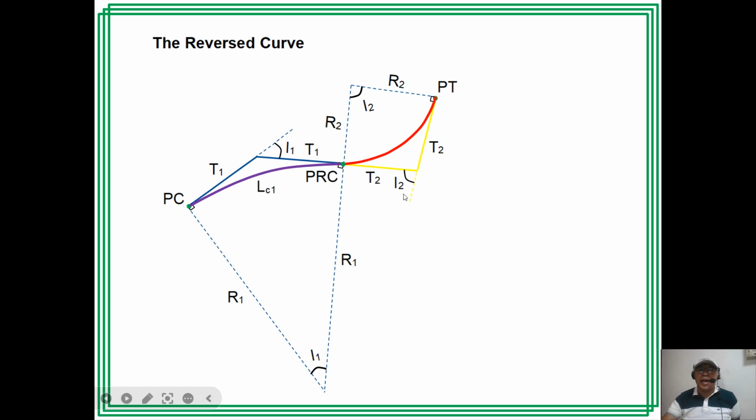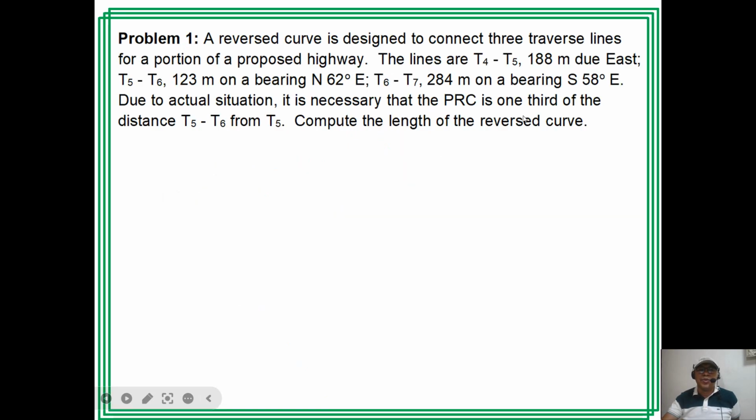Then we have I2 also in between the tangents. In solving problems involving reverse curves, we simply consider each curve and treat them as separate simple curves. So we have here the length of curve 2.